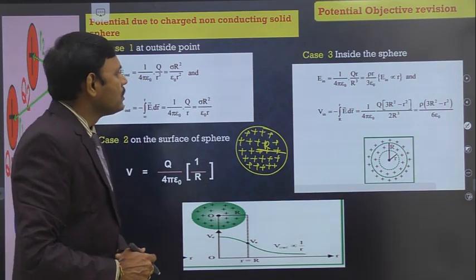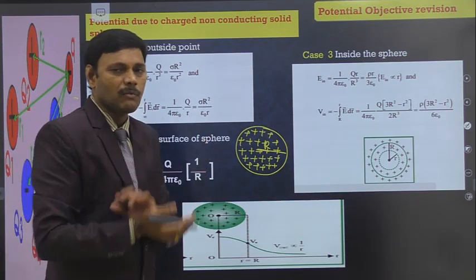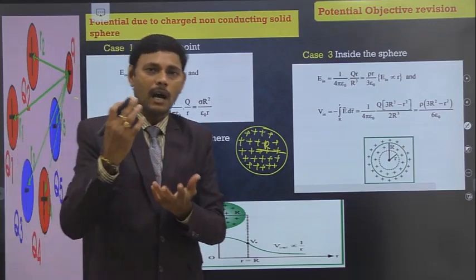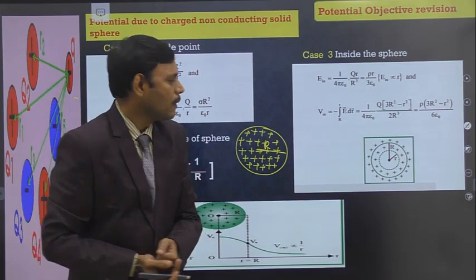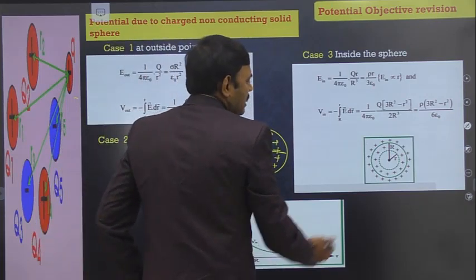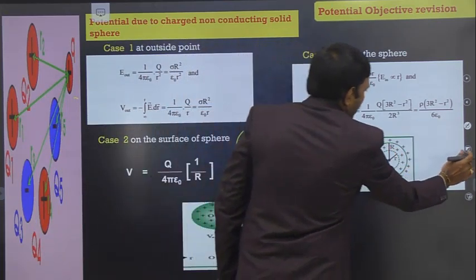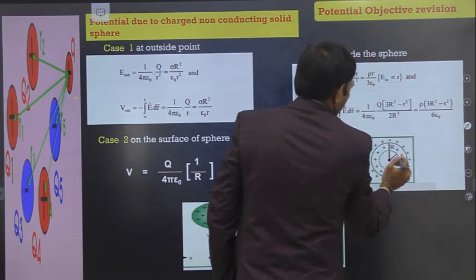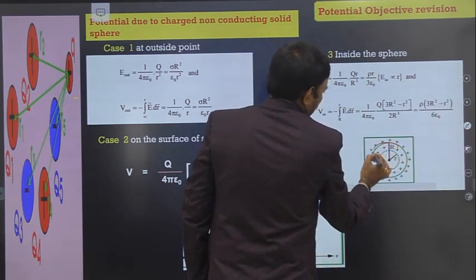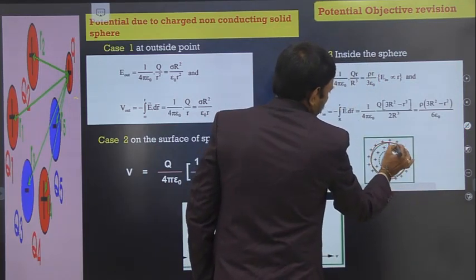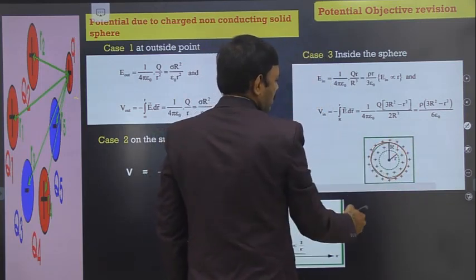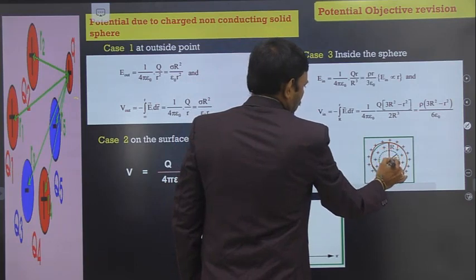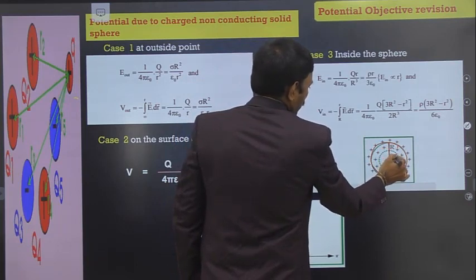Next, come to the inside. Inside is an interesting one. Inside the hollow sphere and inside the solid sphere have different formulas of potential. Suppose this is the radius of the solid sphere, that is the charge distributed sphere, R, and this is the inside point.